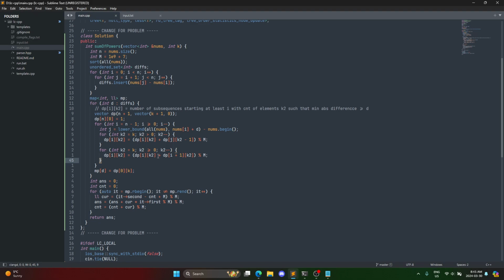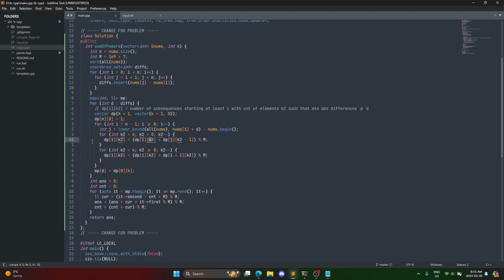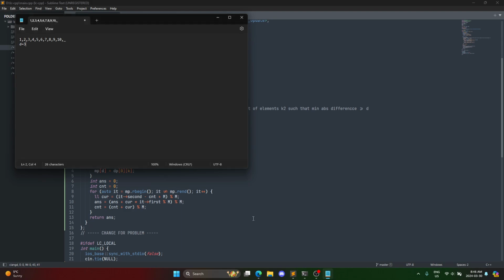So you can see here, this first for loop is just a binary search where I find the first position.